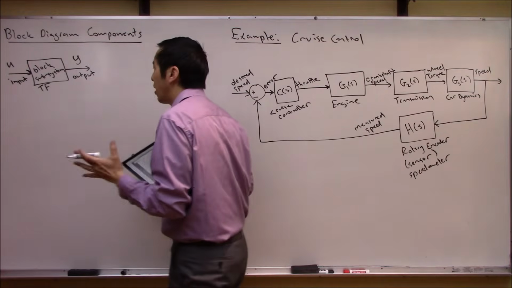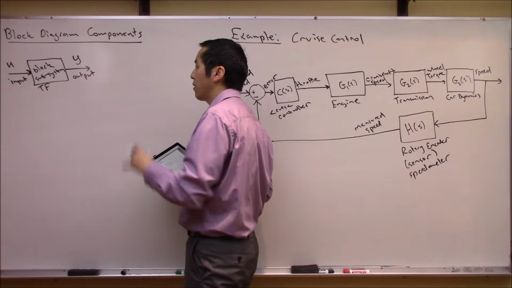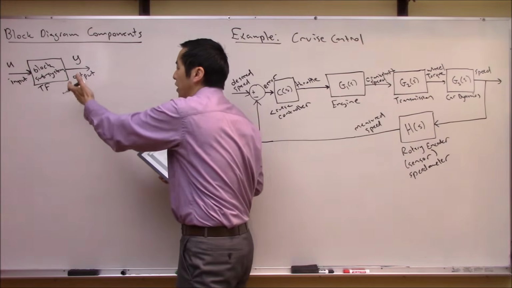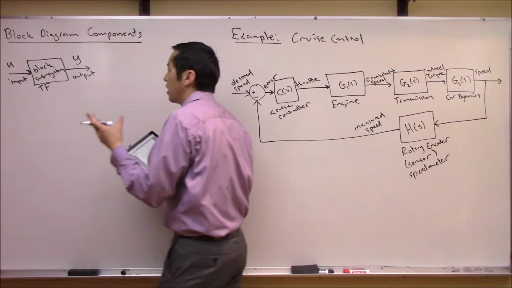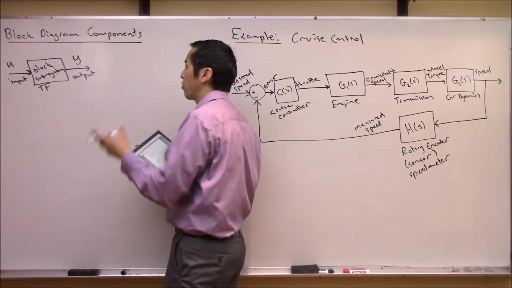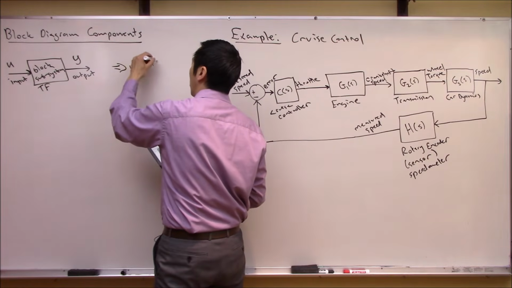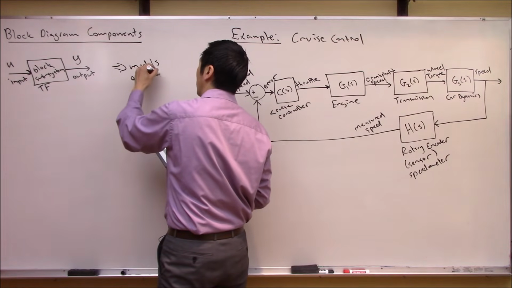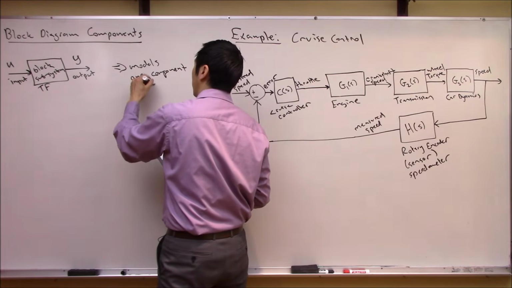All a block does is represent a subsystem. And the nice thing about this is you can now focus all of your attention on developing this one little subsystem. It's like a tiny part of your system. So all this thing does is model one component of the larger system.